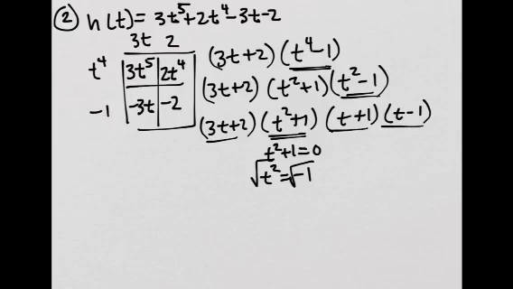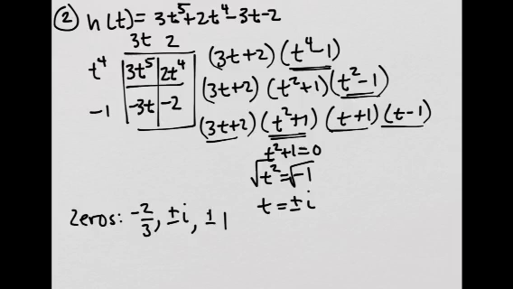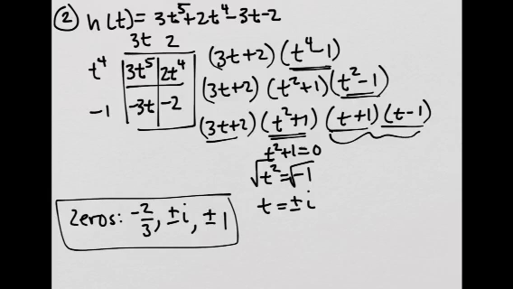So here, this is t equals plus or minus i. Okay, so the zeros are negative 2/3, plus or minus i, and plus or minus 1. Okay, from these two over here, plus or minus 1. And those are the zeros.